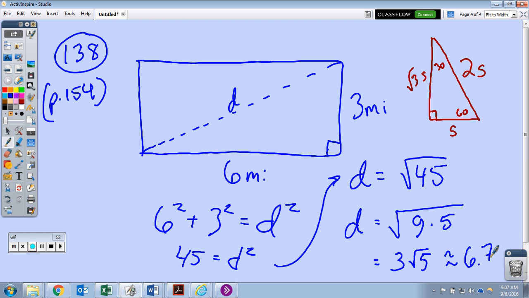So this is just the Pythagorean theorem, which we should all know. Okay. On page 155.